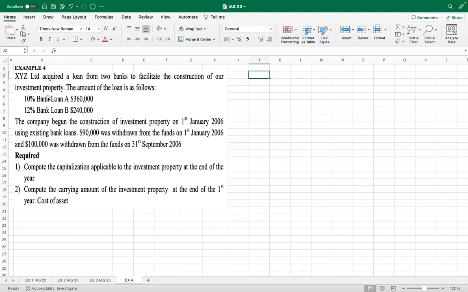So the question reads, this one I picked it from the notes, but there is an example in August 2021, which is exactly the same as this. Only numbers have changed. August 2021 past papers, question number 3B. It is exactly the same as this.